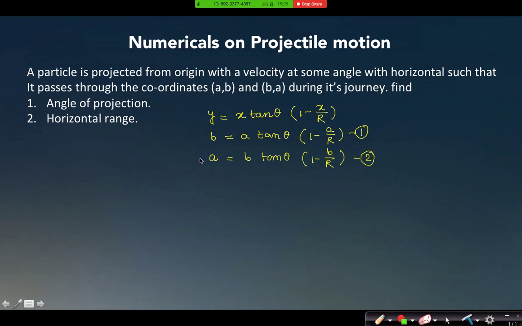From here you will be able to solve this question, because you can see I have two equations with two unknowns: tan theta and r. These are the two things I have to find. So I will not proceed from here; I leave this question to you. You can solve it mathematically and find the angle of projection and range.